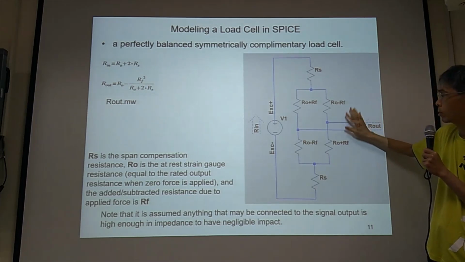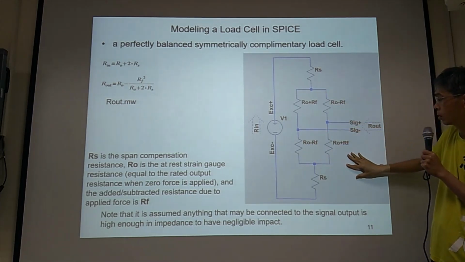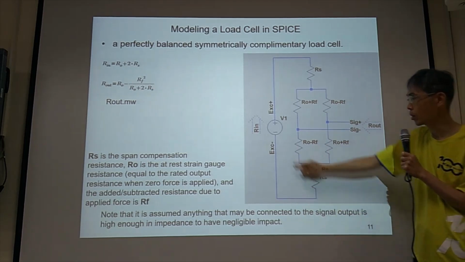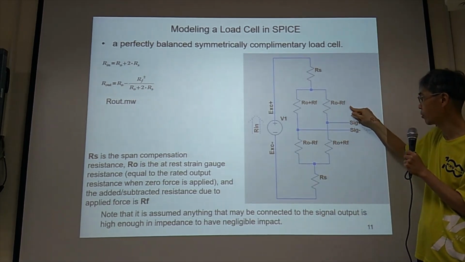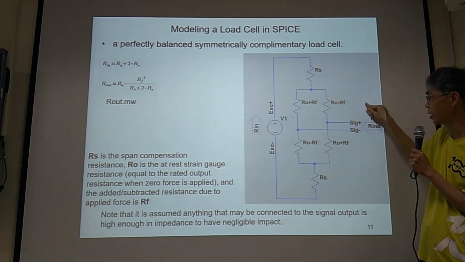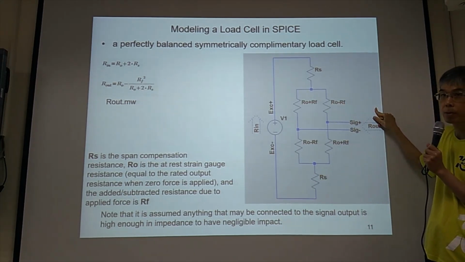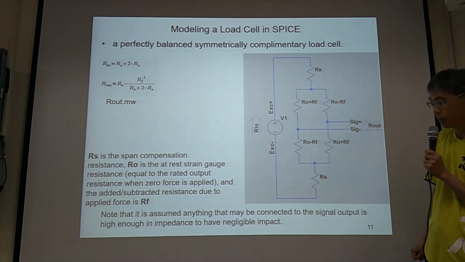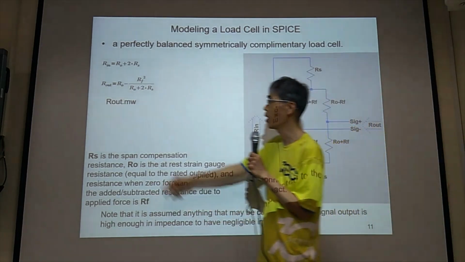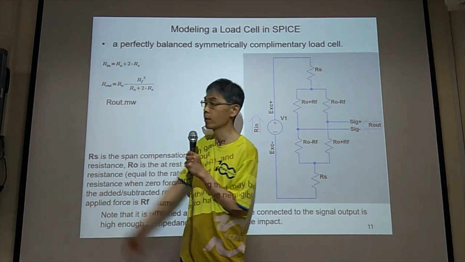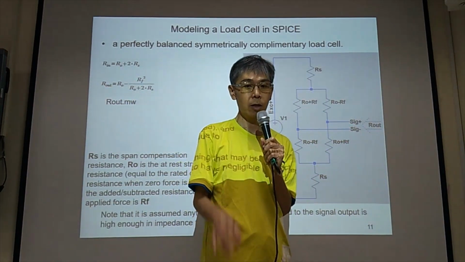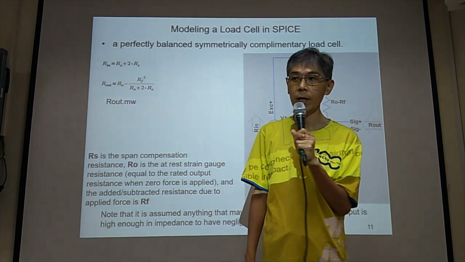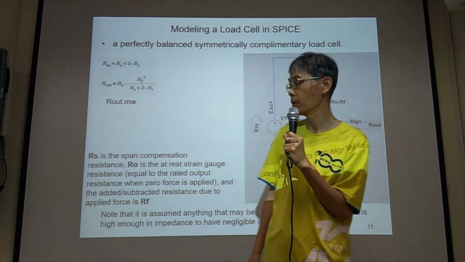You can use this circuit to get Vout divided by Iout, which is Rout, the output resistance. I have the result here, Rin and Rout. Please try to derive the input resistance and output resistance of this circuit.